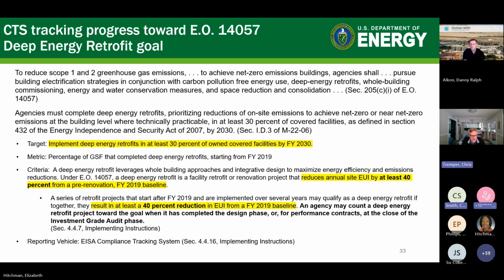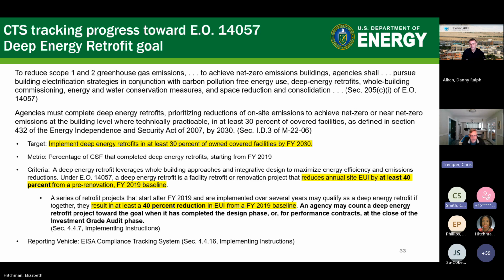So that's why I'm emphasizing the importance of reporting on those projects, first through your DOE sustainability dashboard, and then ensuring that that data gets uploaded into CTS so that you can get credit.